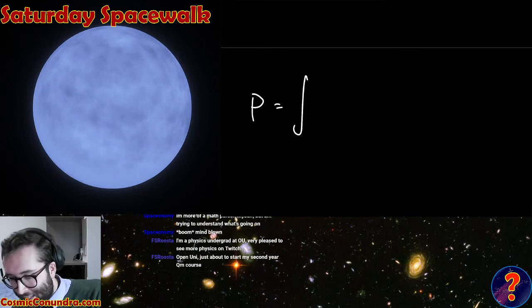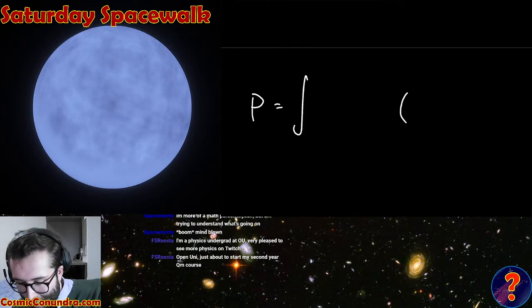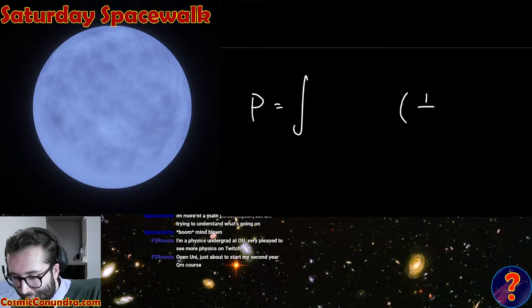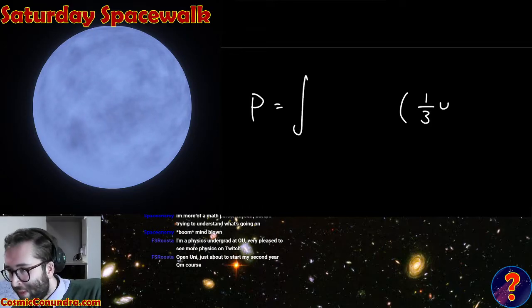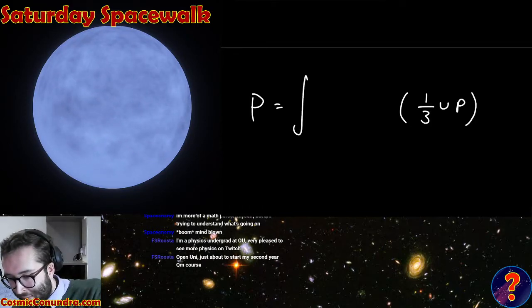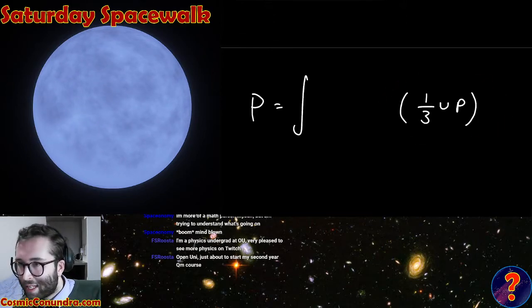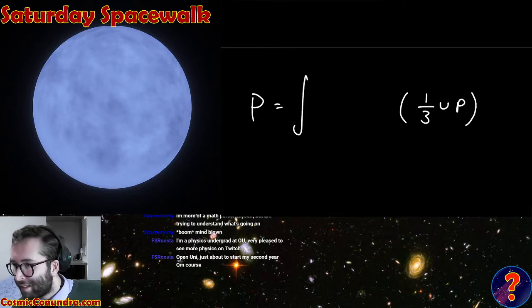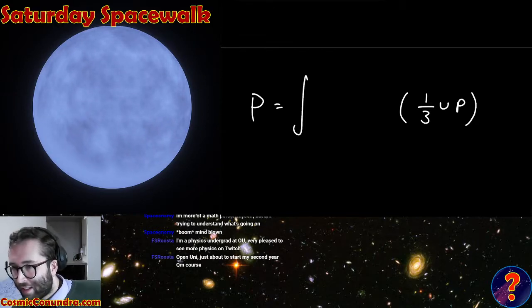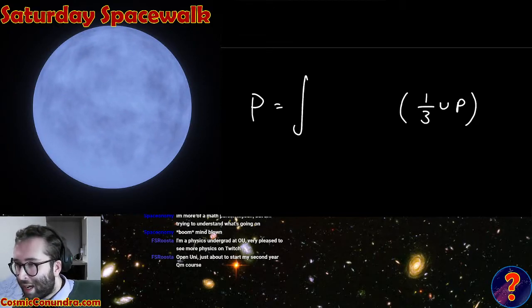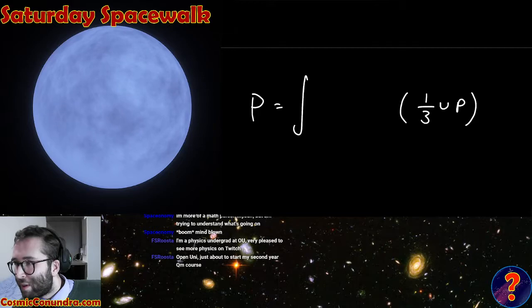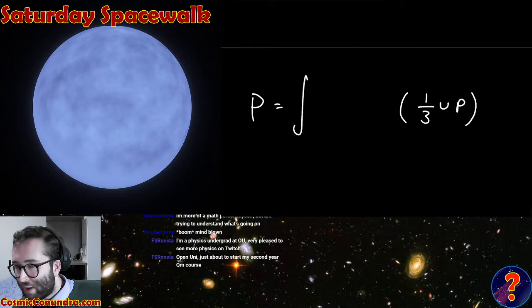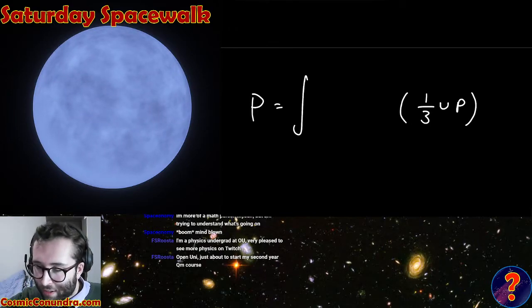So the result says that if you've got a single particle that is in an isotropic gas, with some velocity v and some momentum p, then this is the pressure that that particle will contribute to the gas. The third is a factor that comes out when you do the integrals in showing that this thing is isotropic, and the v and the p comes from the equivalent definition of pressure as being the average momentum flux through a surface.